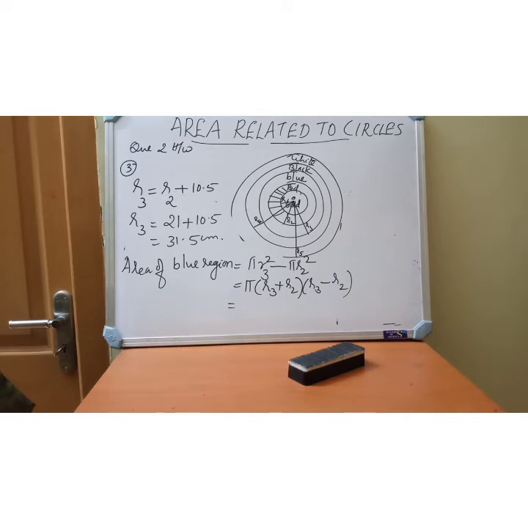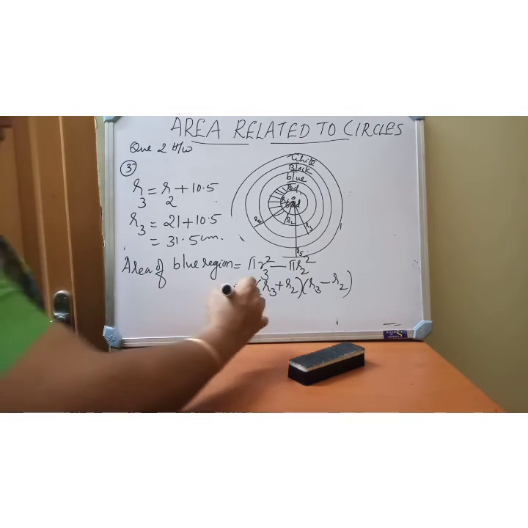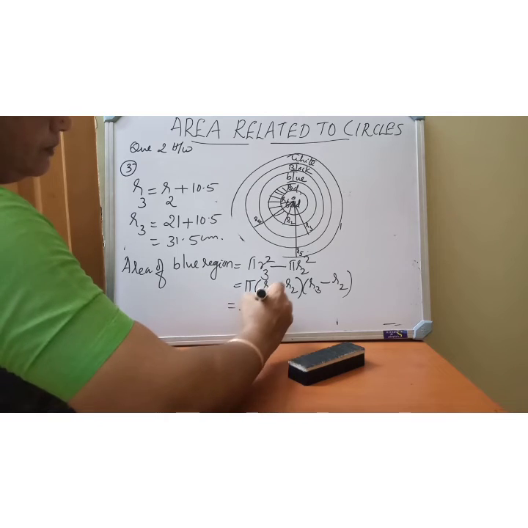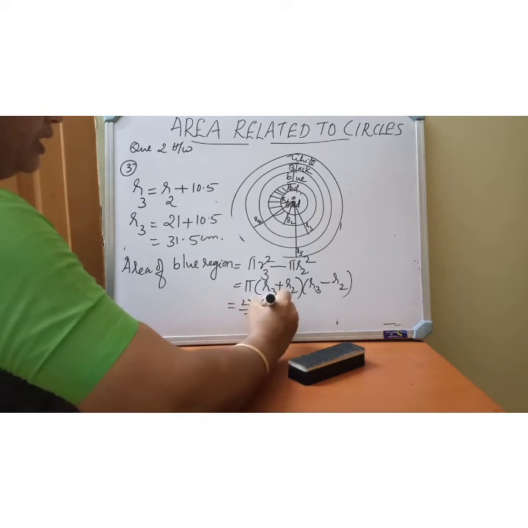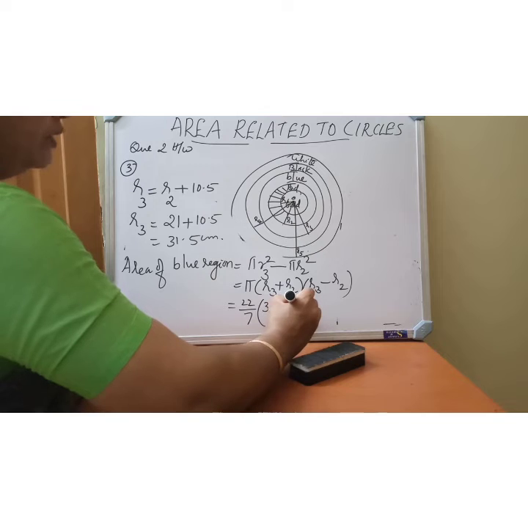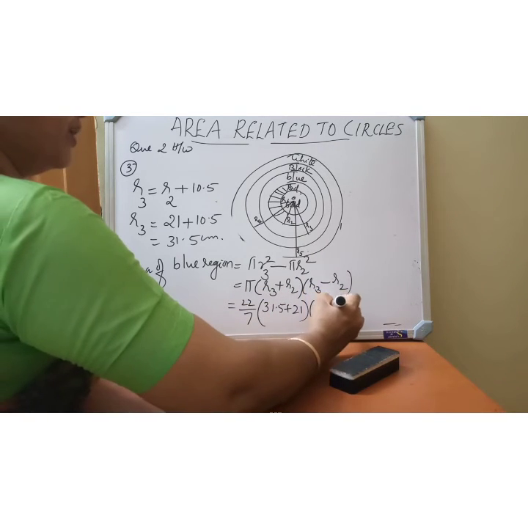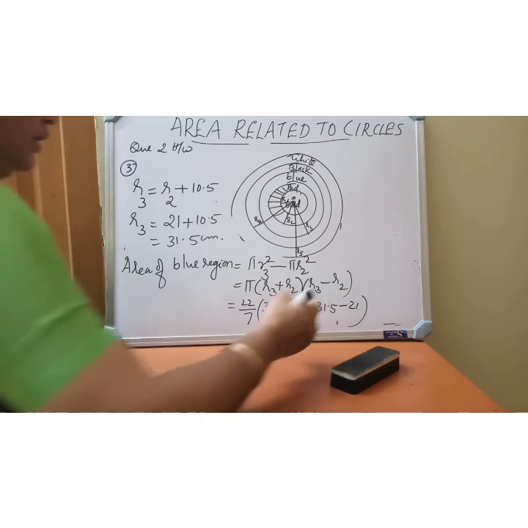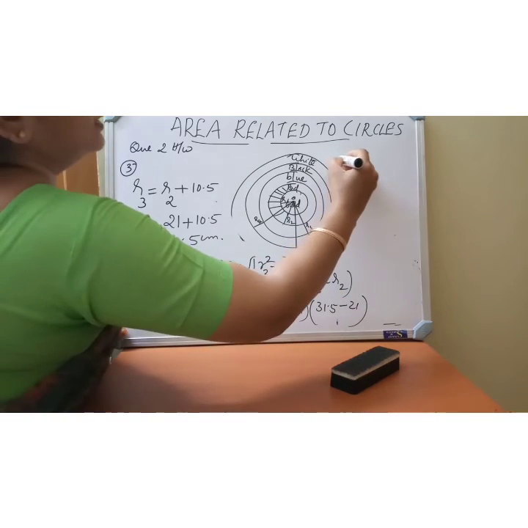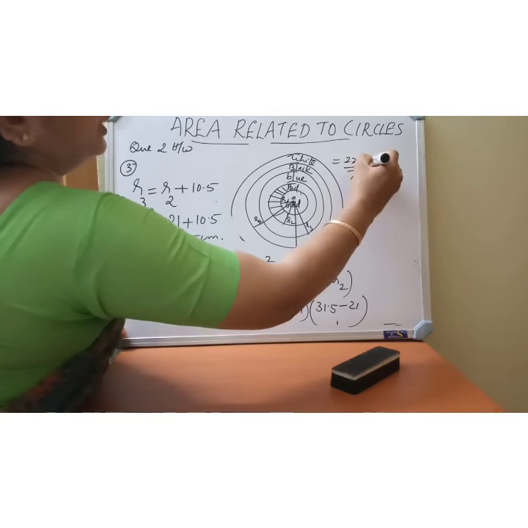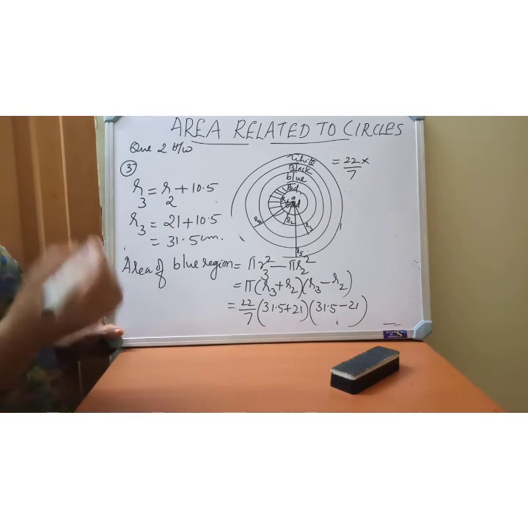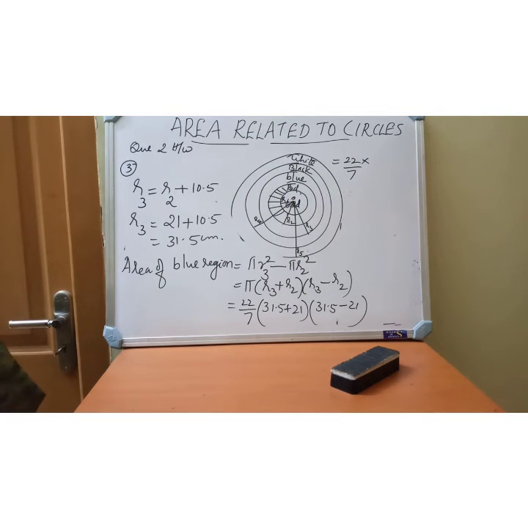Substitute here, you will get 22 by 7 into 31.5 plus 21, because R2 we got 21, and 31.5 minus 21.